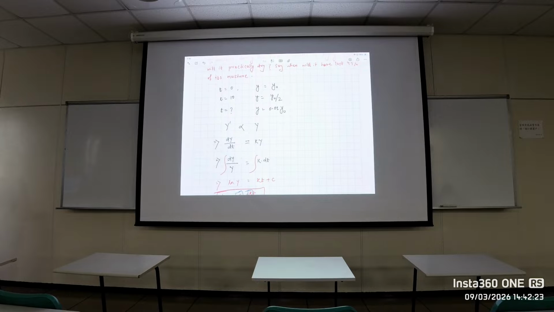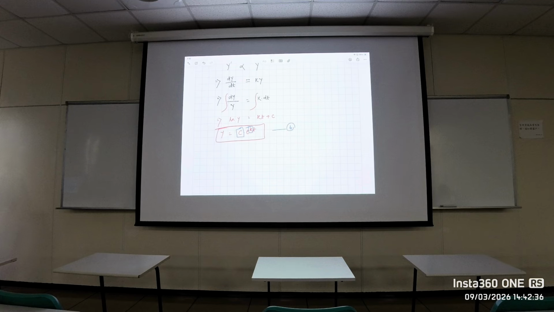Let's number this equation. Let's say this is 1, this is 2, this is 3, and this is 4. Let's put 1 in 3. That is giving us how much? y0 is equal to c e to the power k0.